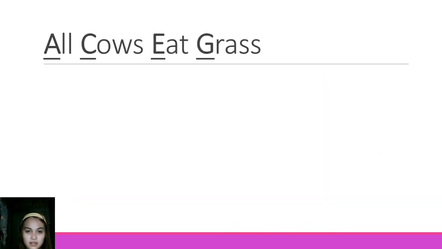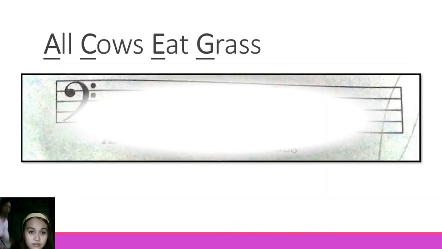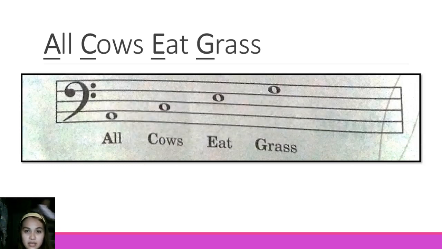Next, we also have all cows eat grass. Instead of memorizing ACEG, to easily remember the letter names of the spaces, think of the sentence, all cows eat grass. In the staff, we have 4 spaces.